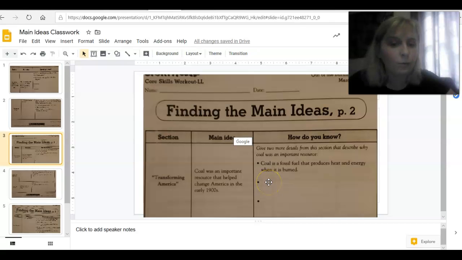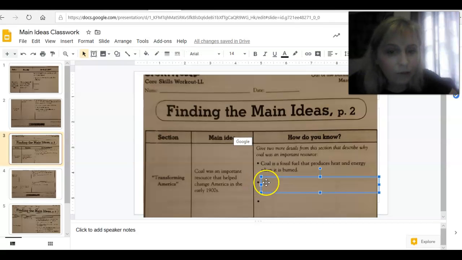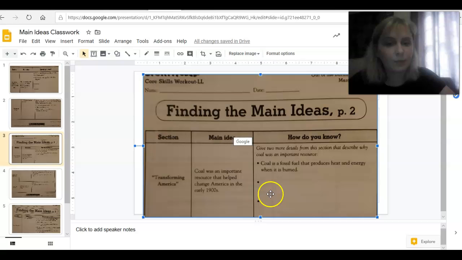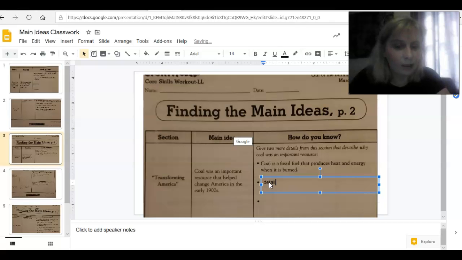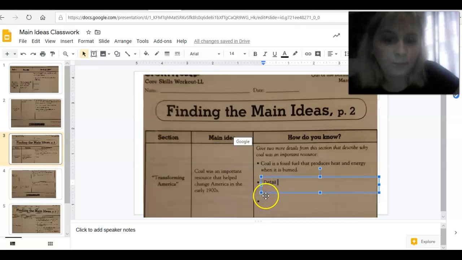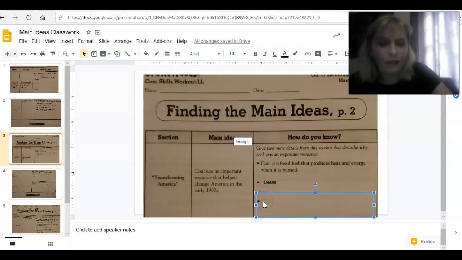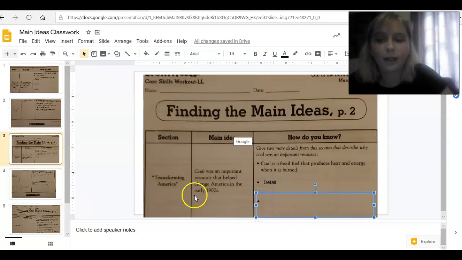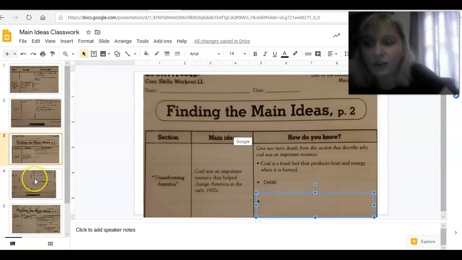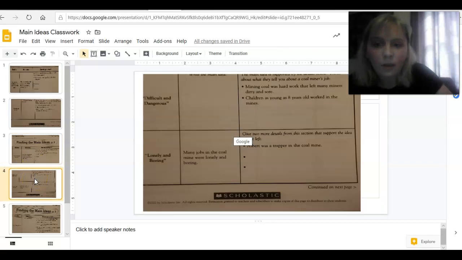And again, when you put your answer in, you're just going to click the text box here and just start writing in your detail, whatever that may be. And the same for your second one. All right, and when you move on to the next question, you'll just hit the next slide down.